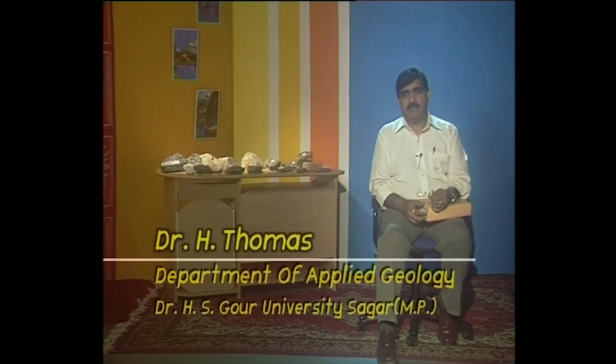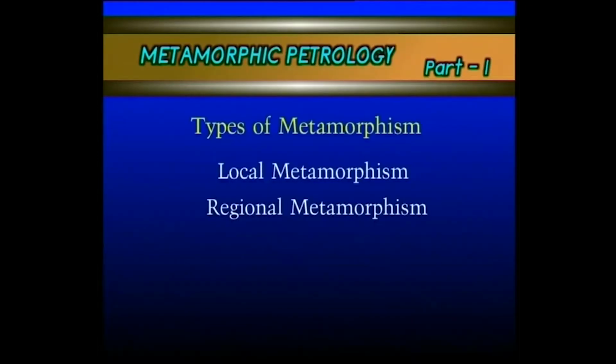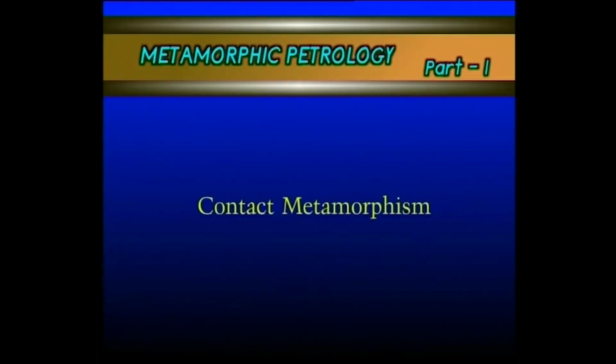On the basis of geological setting, let us see how contact metamorphism occurs and what changes happen during it. If we classify on the basis of local and regional, we know local metamorphism normally occurs on a local scale, so we can put contact metamorphism under local metamorphism also.